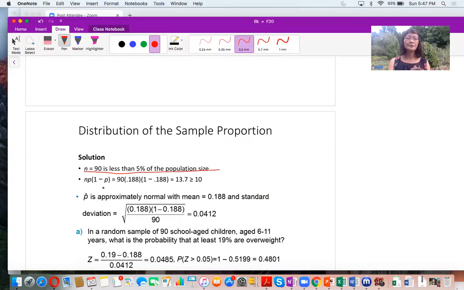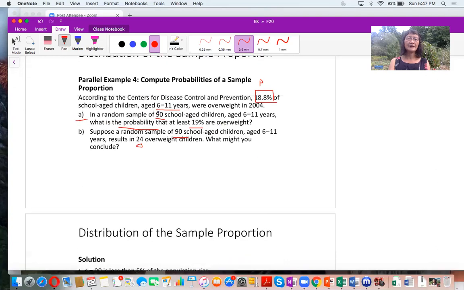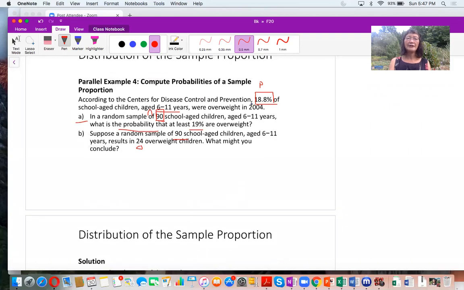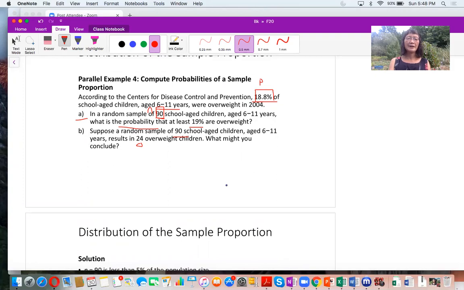And number 2, calculate n times p times 1 minus p. Make sure that number is greater than 10. In this example, n equal to 90. See here, this is the sample size n, 90. p is equal to 18.8%, which is the same as 0.188.